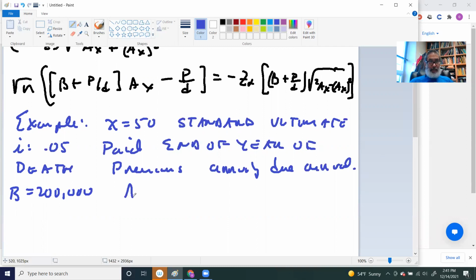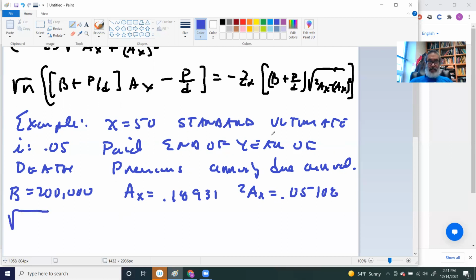So working this out, looking this up at the table, 0.18931, and double the force of interest is 0.05108.